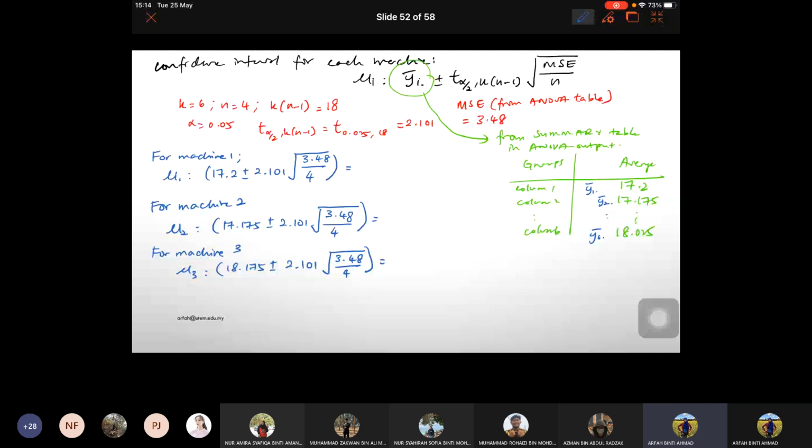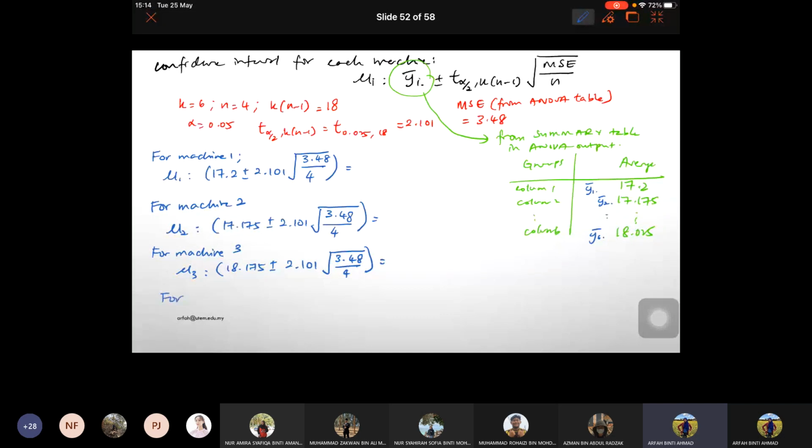Cuba kira. So calculate one by one, for machine 3 and then you have for machine 4.